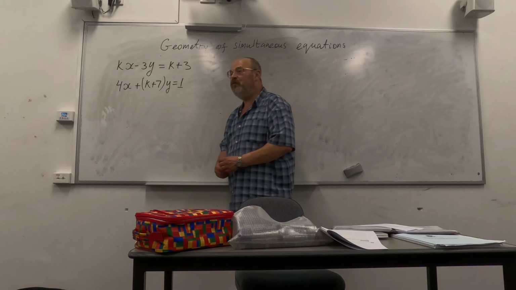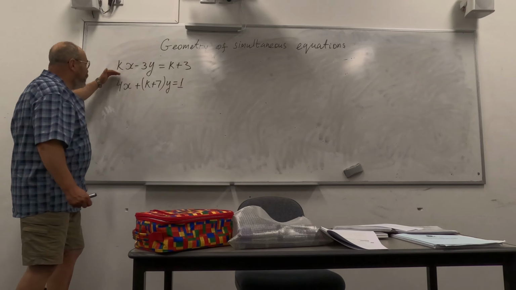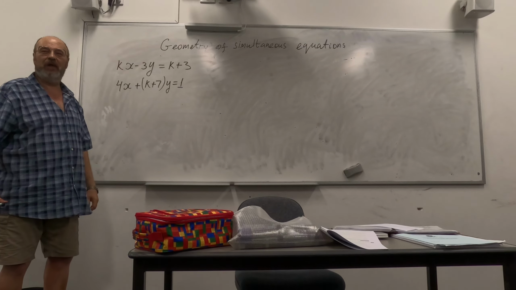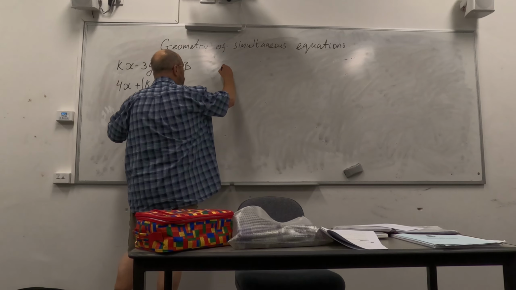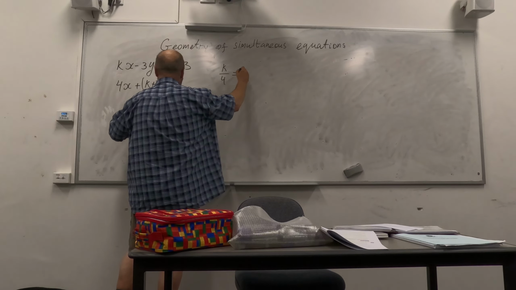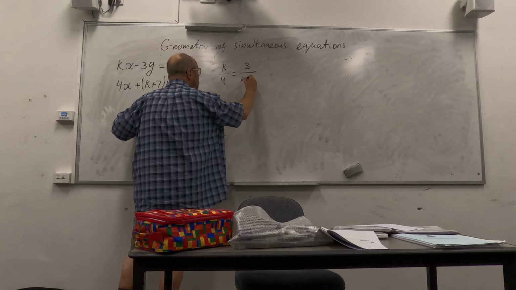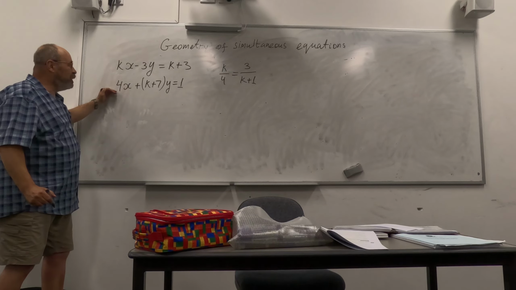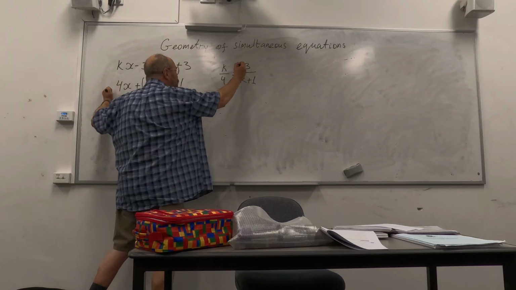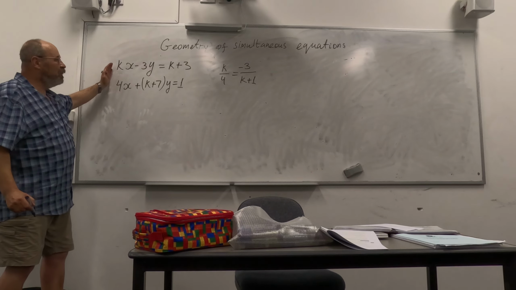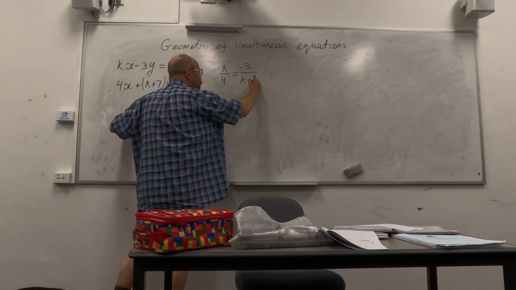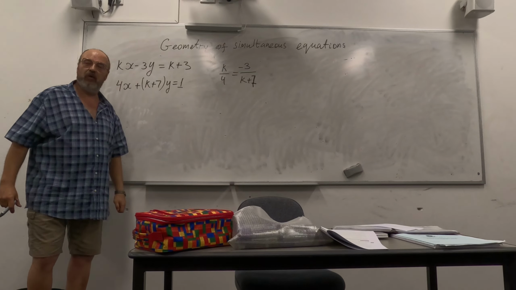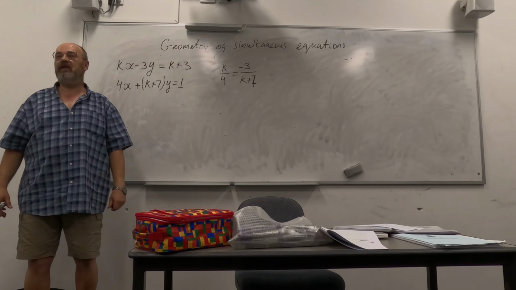Same gradient will be if the ratio of the coefficients of x equals the ratio of the coefficients of y. So k over 4 equals negative 3 over k plus 7. The ratio of coefficients of x equals the ratio of coefficients of y, so they will have the same gradient.